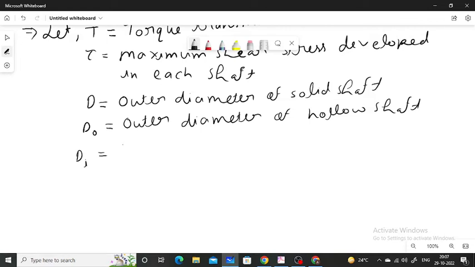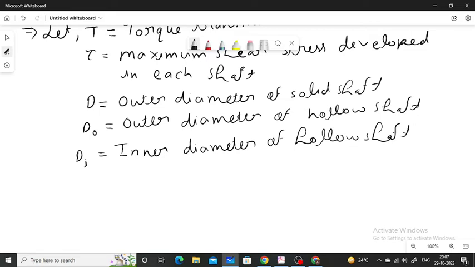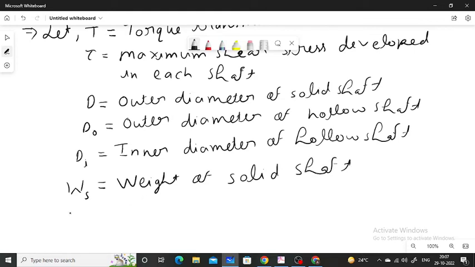D_I is the inner diameter of the hollow shaft, W_S is the weight of the solid shaft, and W_H is the weight of the hollow shaft.